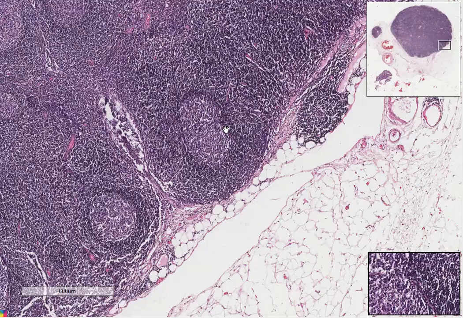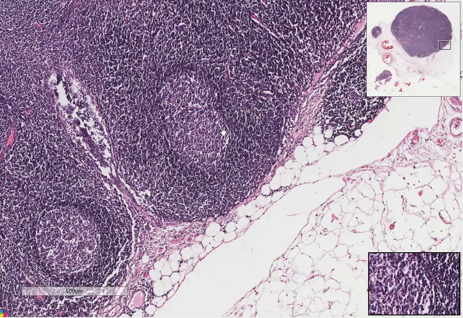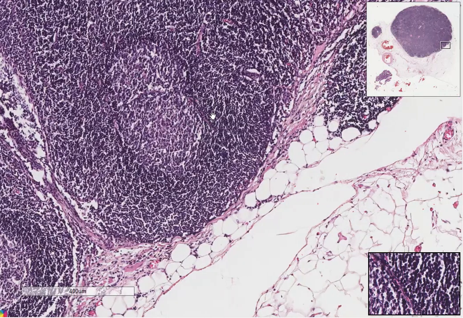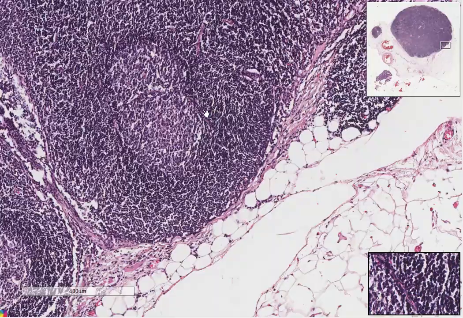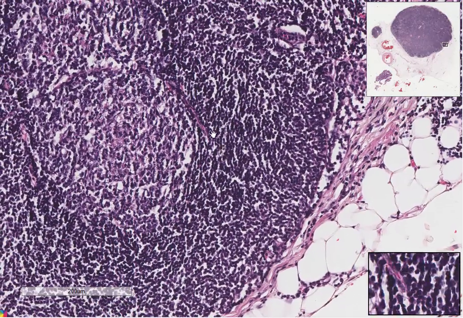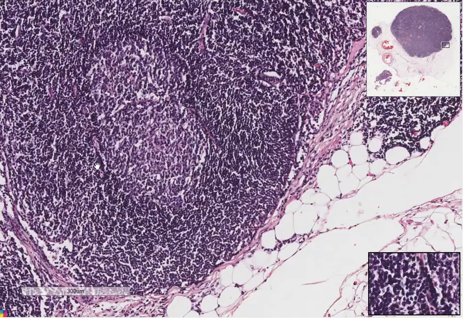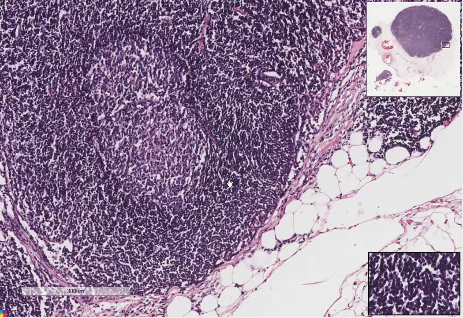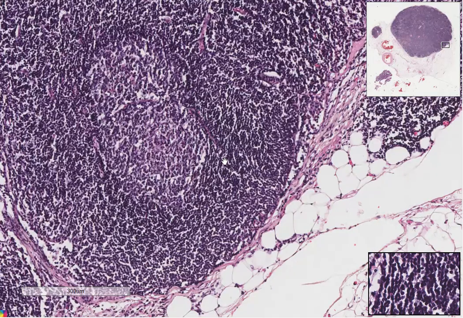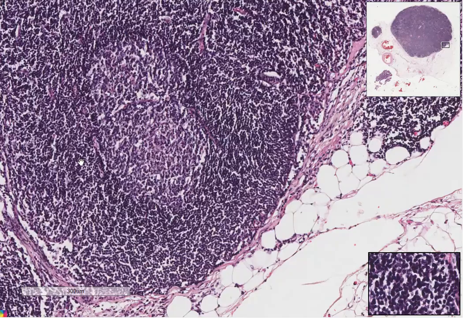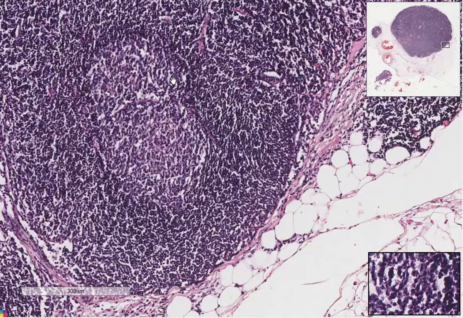So now this is where it gets tricky, and you just have to know these things. The mantle zone is where we have a lot of naive B lymphocytes.